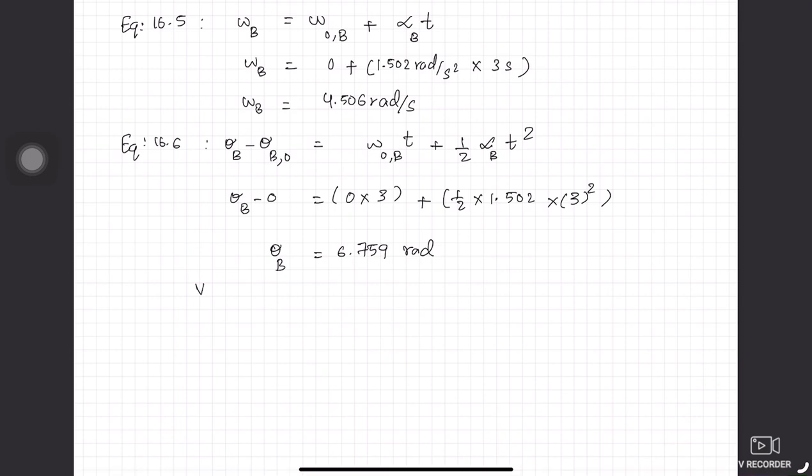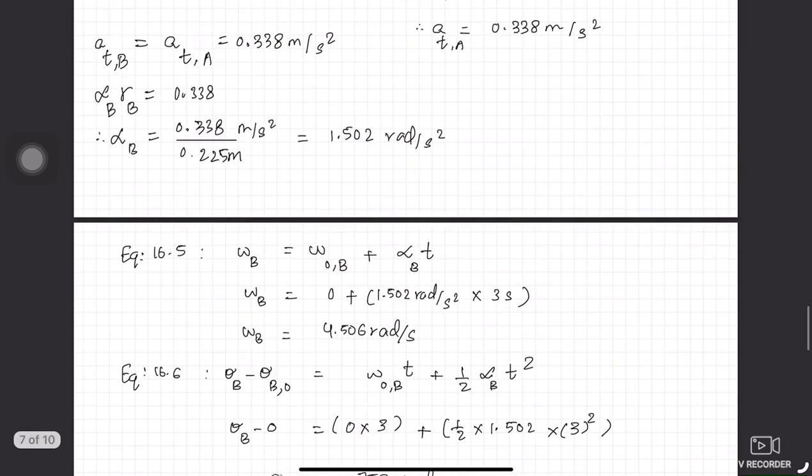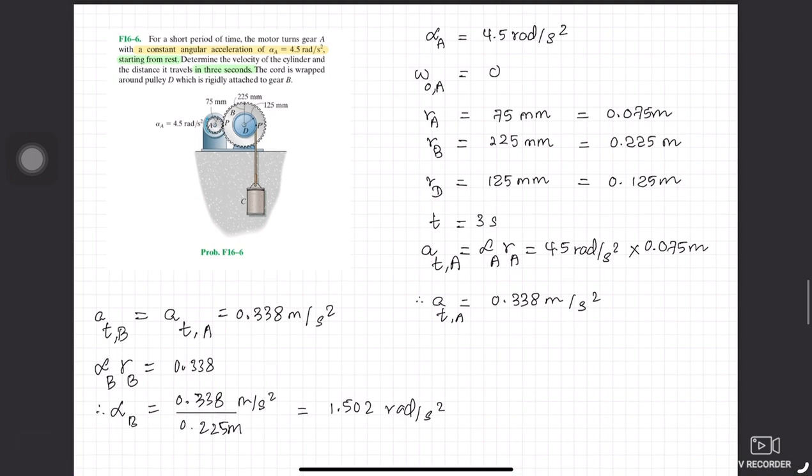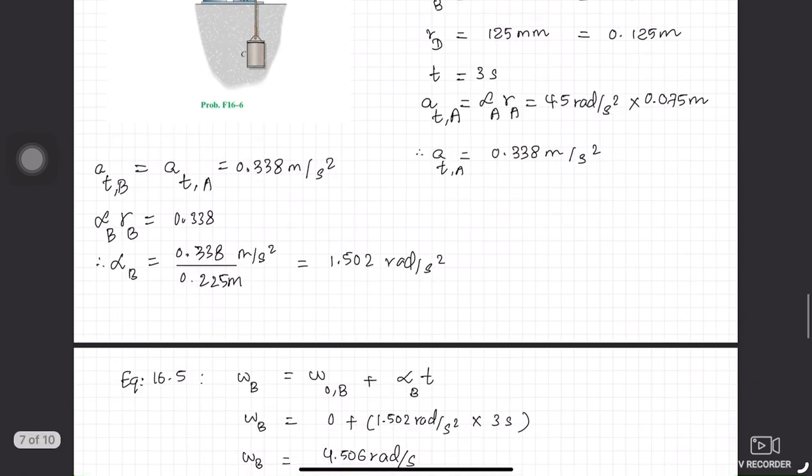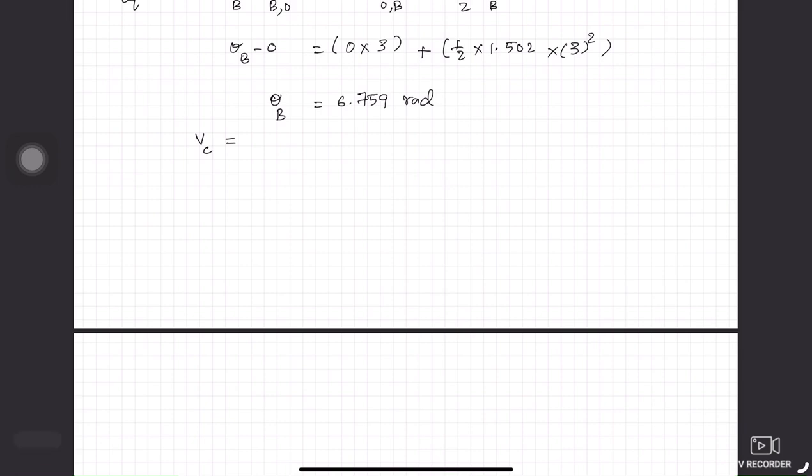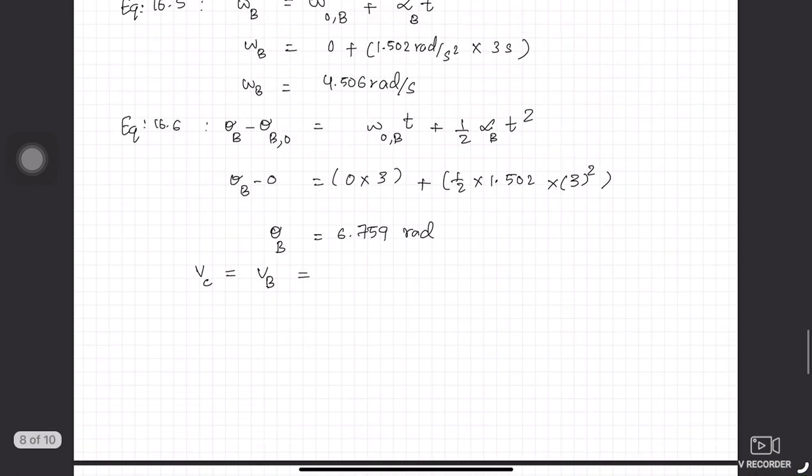And we have this angular velocity and angular position, so we can find the magnitude of the speed v_C. The problem asks for the cylinder, but the cylinder is connected by this string or belt, and that's why we can use the same speed as B. That's why v_C is equal to v_B, and from omega B we can find it.